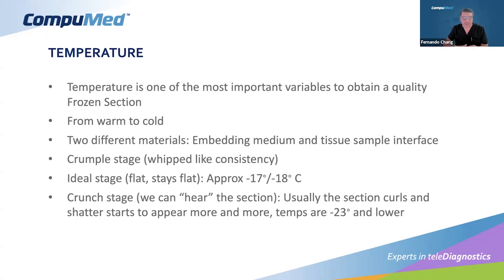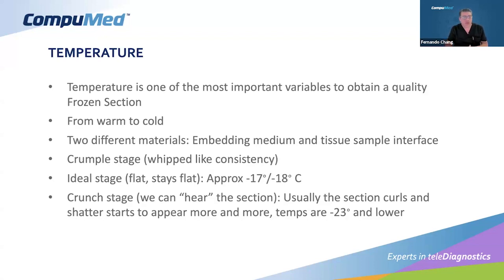Folks out there that are listening and that are facing these frozen sections every day in the organ transplantation field, please make sure that when you start facing the block, when you start cutting, and you take the first or second sections now at 5 microns, the sections are coming flat on the stage. If you see that, most likely the temperature that you're cutting at is ideal for sectioning.